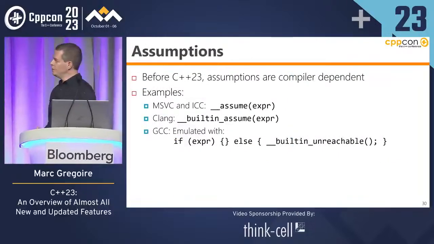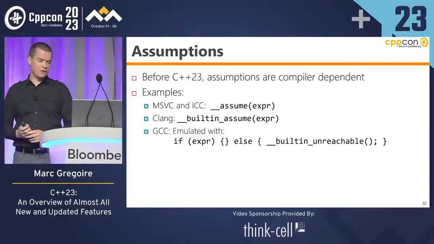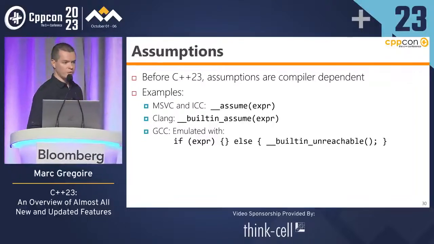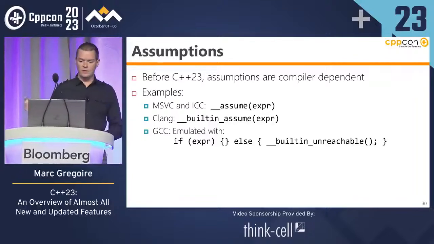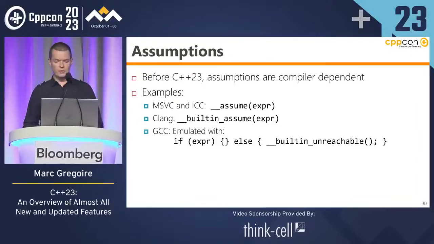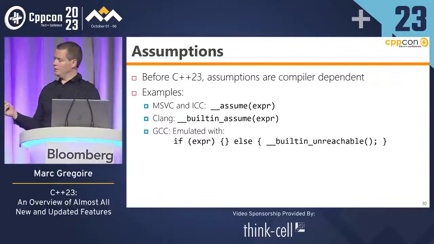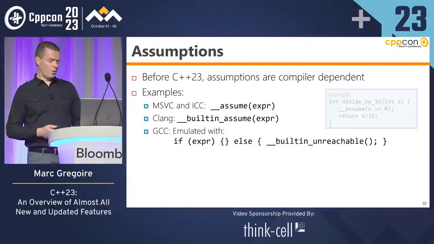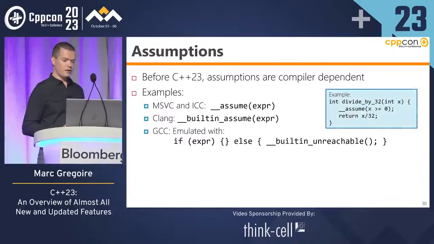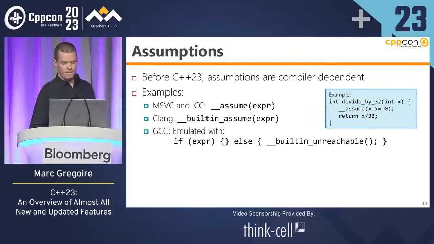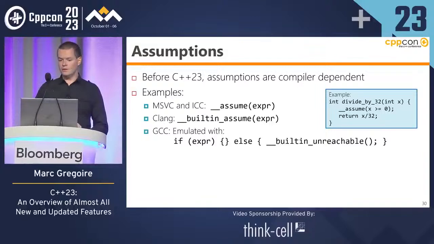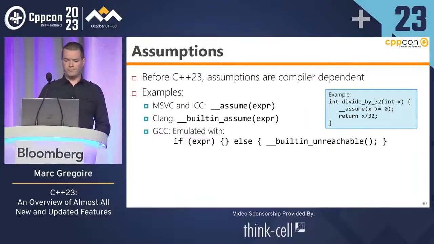Assumptions have been supported by all major compilers for a while. In MSVC and ICC, you can use __assume. In Clang, you can use __builtin_assume. In GCC, you can emulate it with this expression. What can you do with this? For example, here I have a function divide by 32. And I added an assumption here that x must be positive.